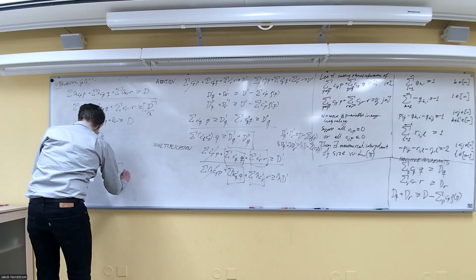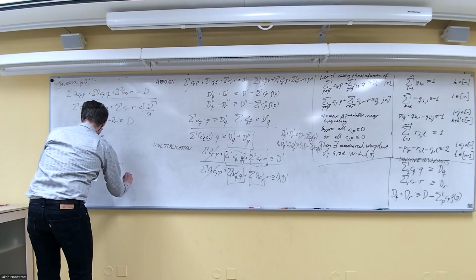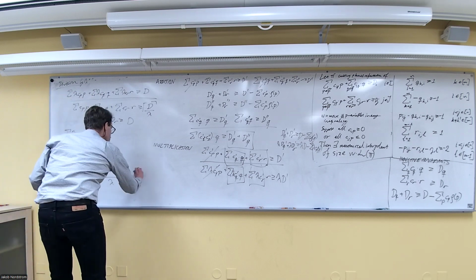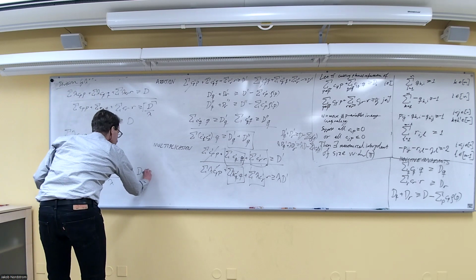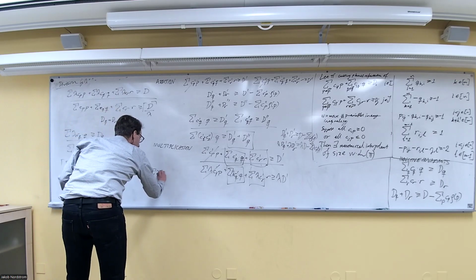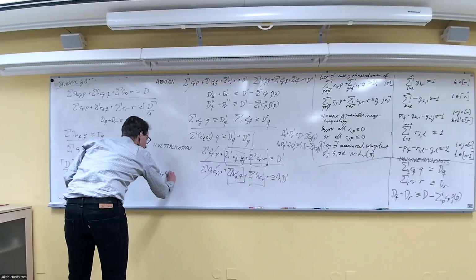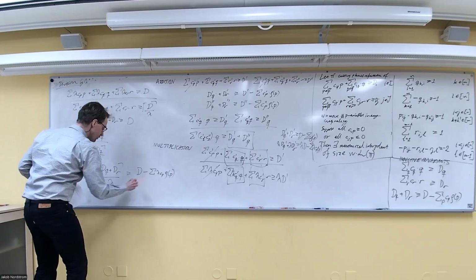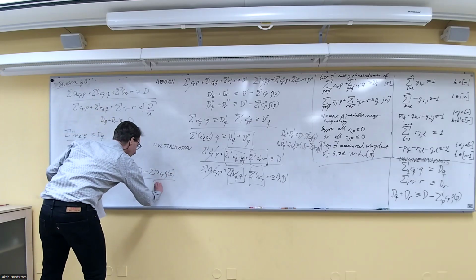Okay, but then I actually know that by induction, these two guys are larger than d over lambda minus cp times rho p, right? This is larger or equal to this. Let's divide through by lambda.